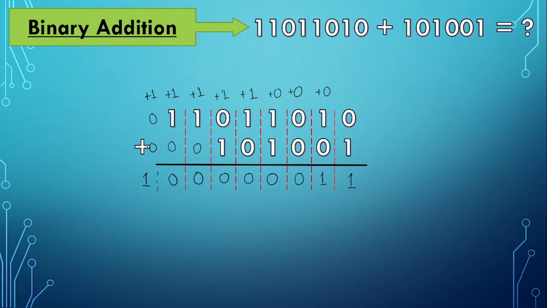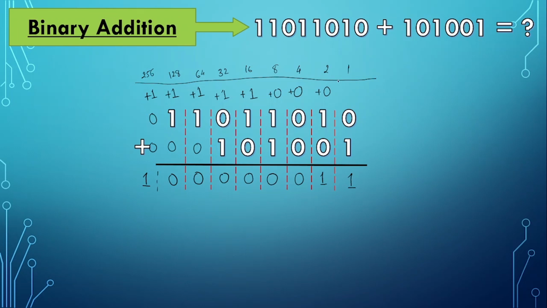Okay, so this is the addition of 110 plus 101001. Now if you want to verify this, then you can also verify. The multiplier over here is 1, 2, 4, 8, 16, 32, 64, 128 and 256.